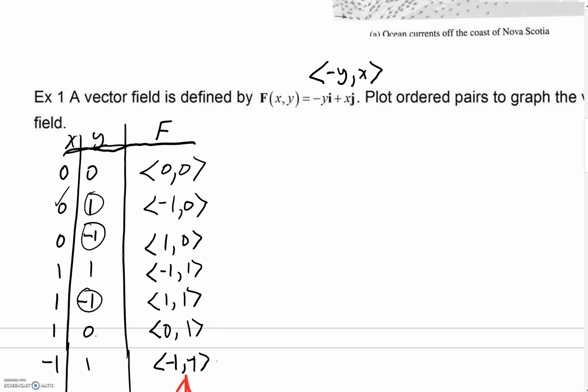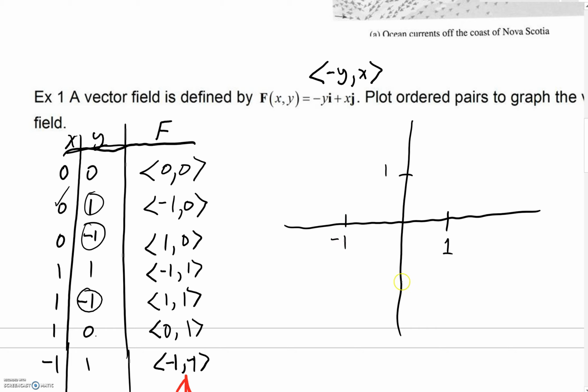So what will this actually look like? Well, I'm going to real quickly make a picture right here. We could say here's a 1, and right here's a 1, and over here is a 1, and down here this would be a negative 1.